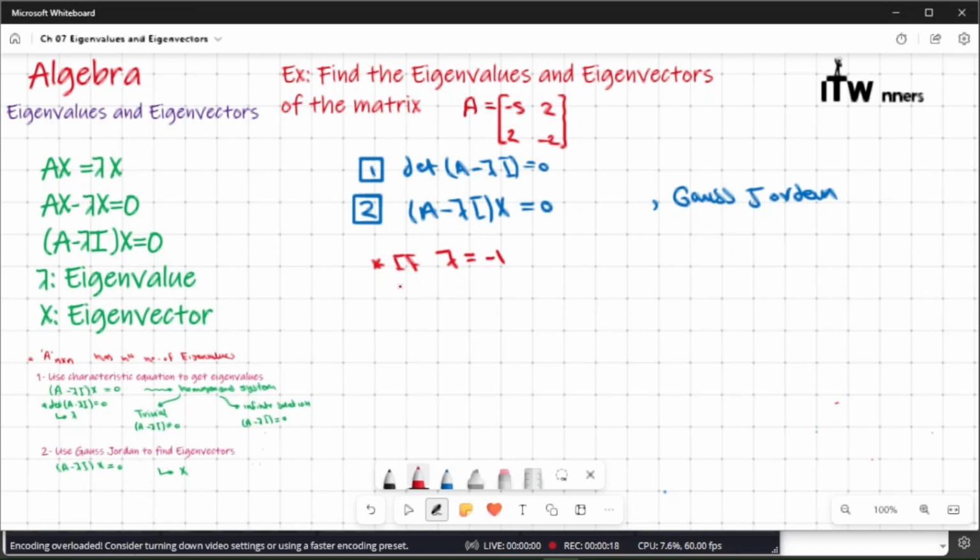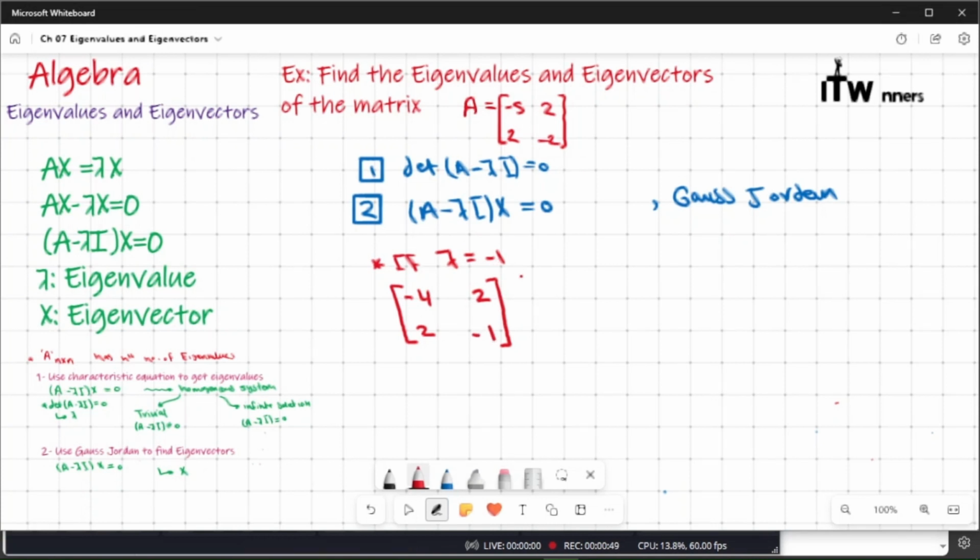So we have this matrix. Negative 5 minus negative 1, so we have negative 4. Here 2, 2. Here negative 2 minus negative 1, so here we have negative 1.